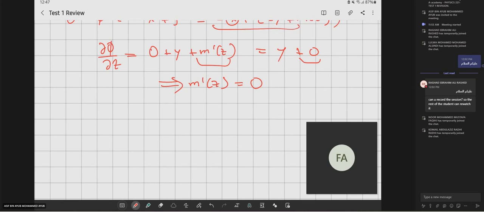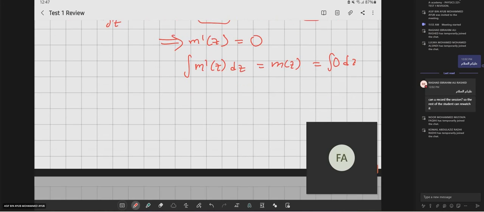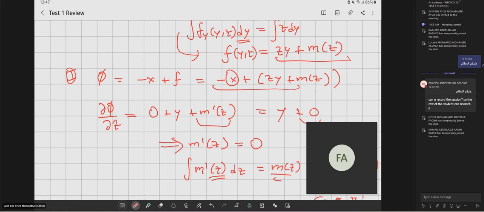How do I get rid of this m prime? I simply integrate with respect to z. So this will give me m of z, which is the integral of 0 dz. This time, since this is a function with respect to z, I'll get a pure constant. This is just a number. C can be e, pi, even i, anything. So now I have m, so I only need to substitute it inside here.